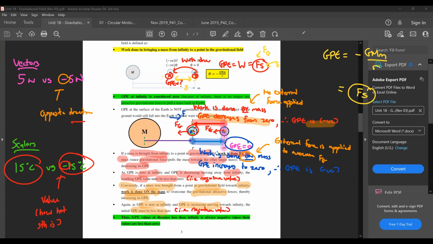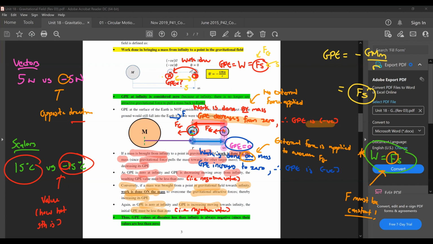Last time in AS, when you wanted to use work done as the product of force times distance, there was a condition to use this equation. That one being F must be constant in the first place for this equation to be valid.